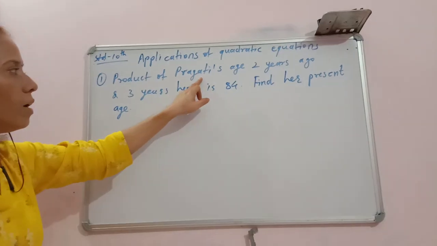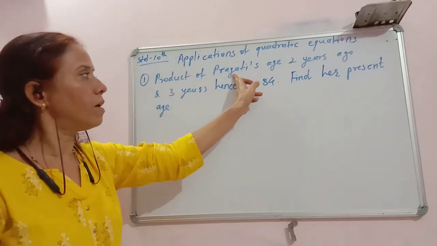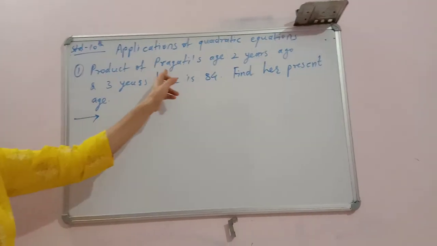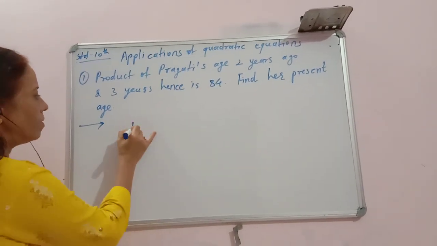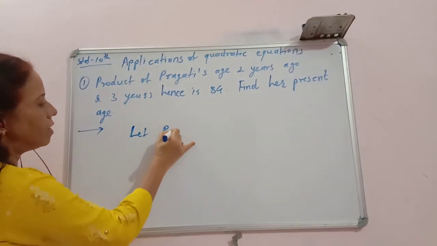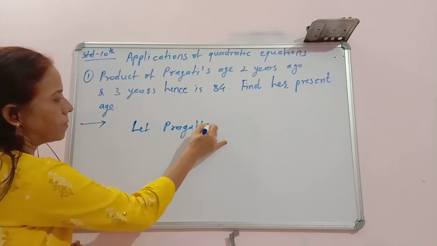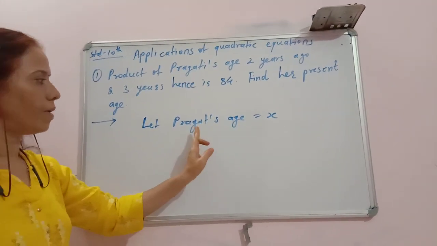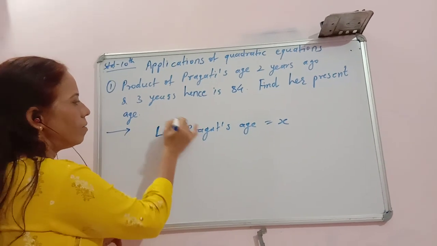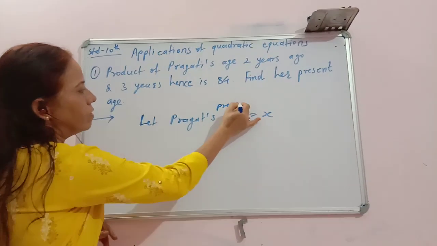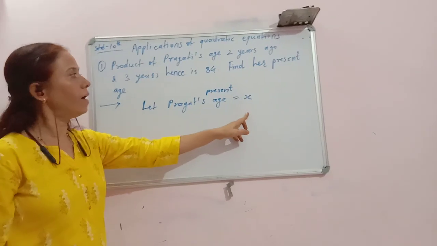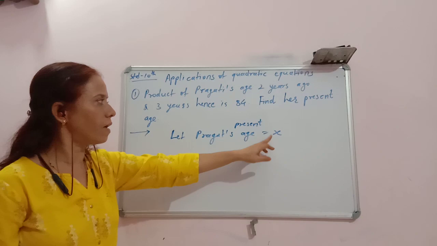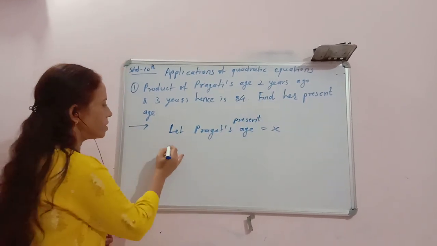Now what you don't know here is Pragati's age, and the comparison is done with her age. So we can assume Pragati's age as x. So let Pragati's age be equal to x. Okay. Now this present age of Pragati is x, and 2 years ago, what is her age?